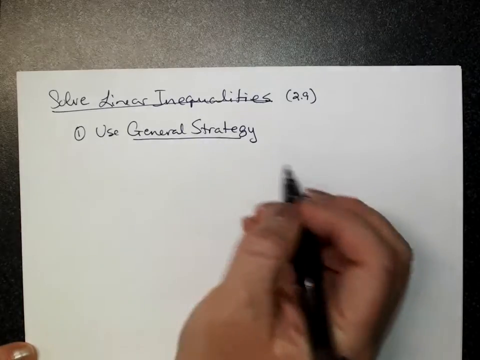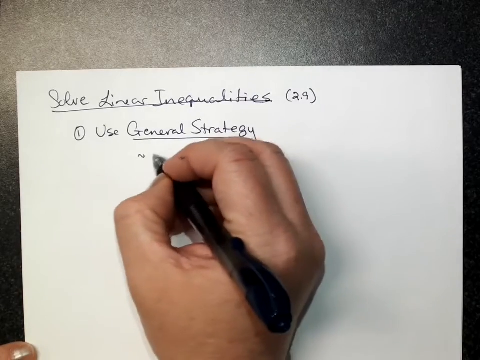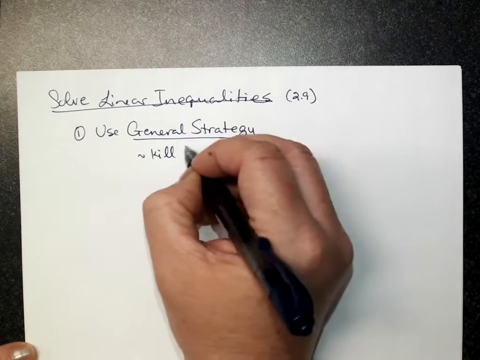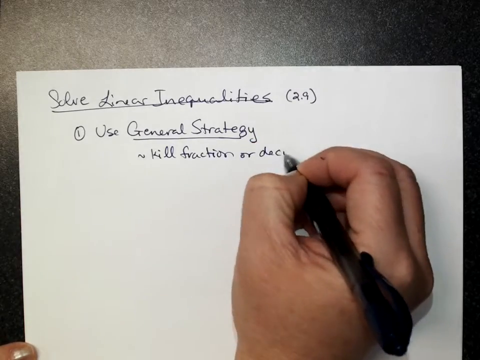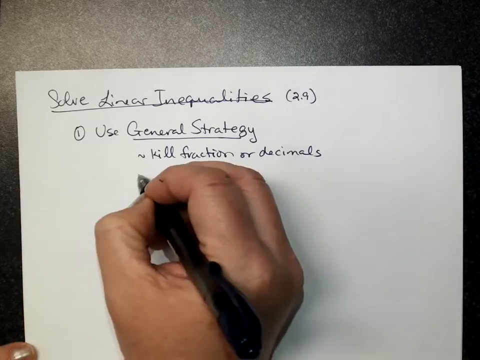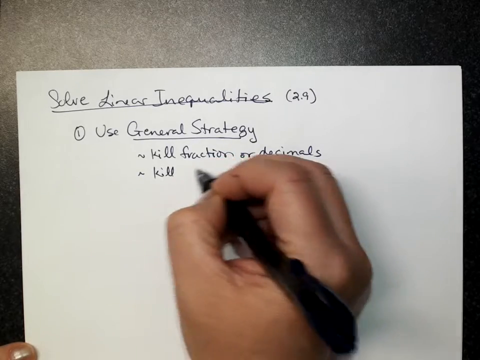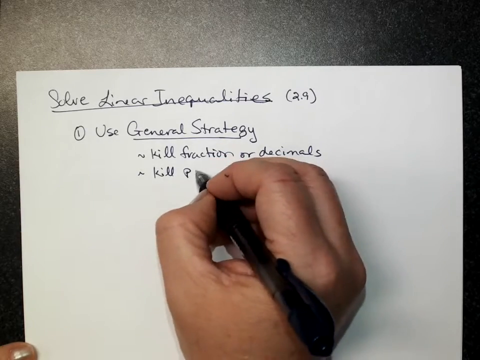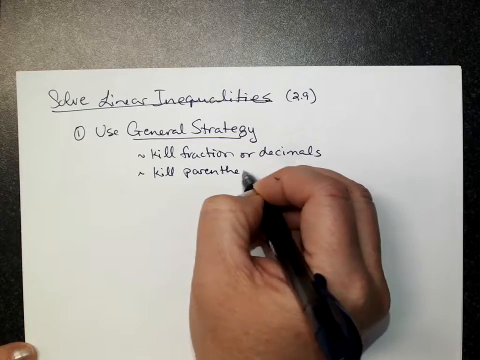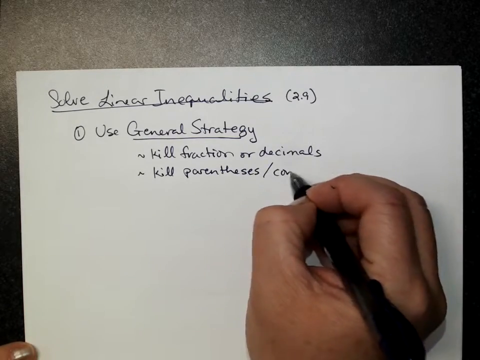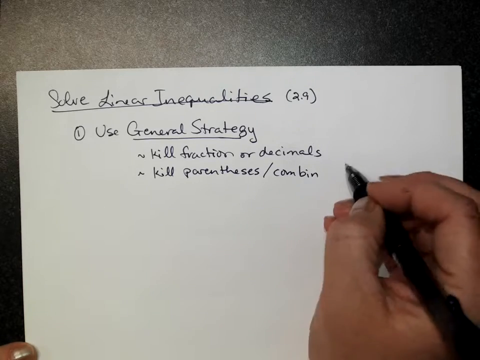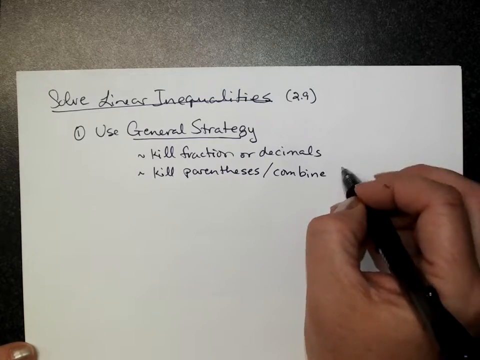So basically, you kill any fractions or decimals. Second, order matters here, you distribute parentheses and combine any like terms. Remember, never cross your equal sign, or in this case, your inequality, without combining your like terms first.